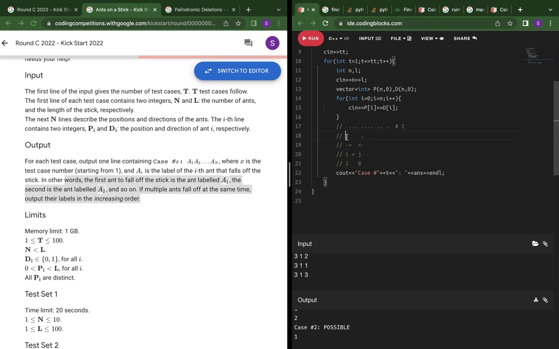Then these ants are moving towards each other and they will bounce after 0.5 seconds, right? So this is the second observation.